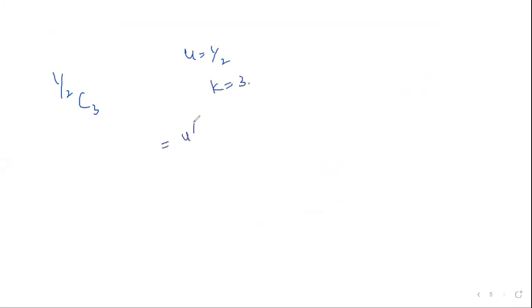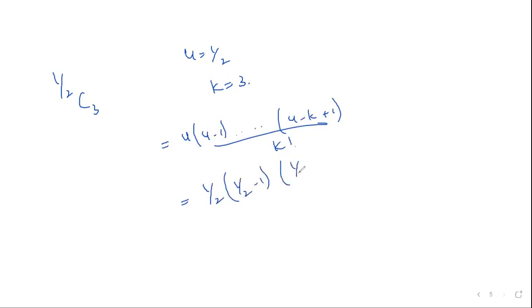Using the formula, it will be u, u minus 1, up to u minus k plus 1, divided by k factorial. So u is 1 by 2: 1 by 2, 1 by 2 minus 1, and so on, up to minus of k plus 1, which means minus of 3 plus 1, which is minus 2. So you should continue this till minus 2.